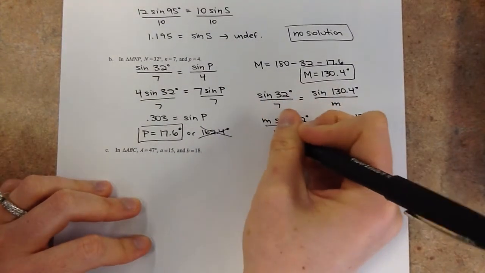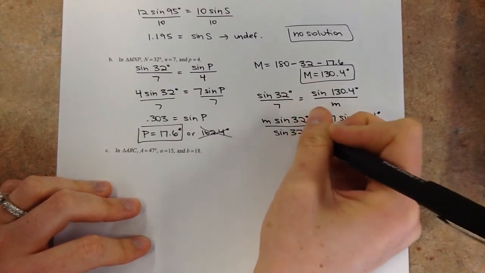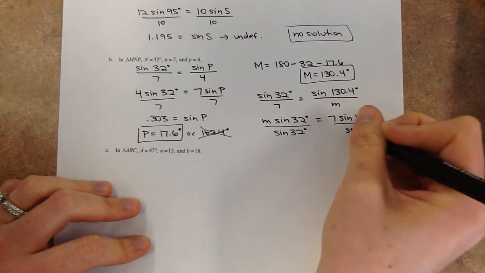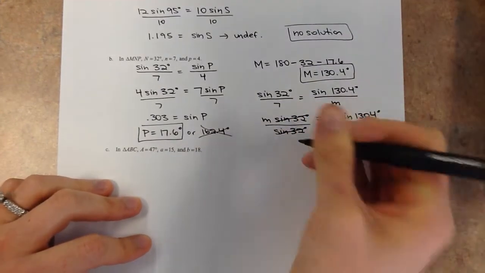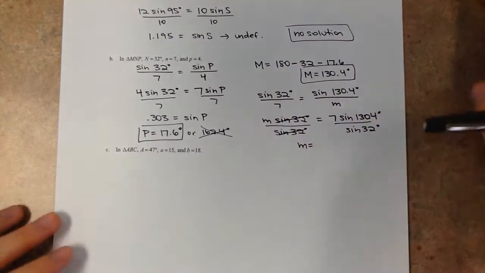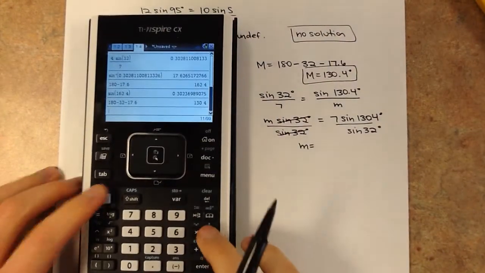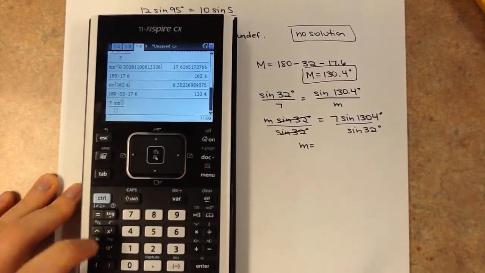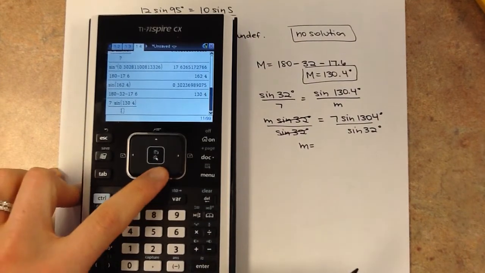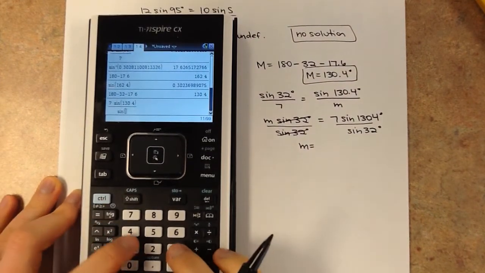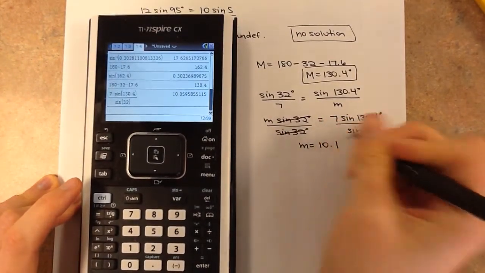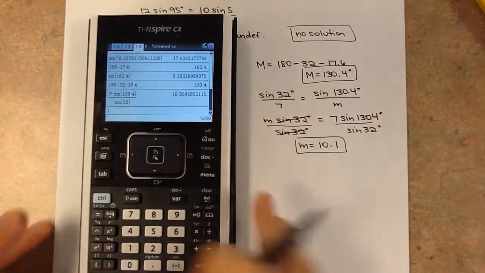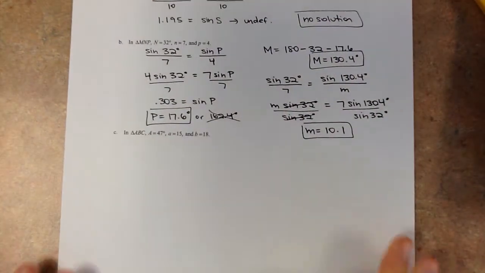Then divide both sides by the sine of 32 and we will have m. So these cancel, and finally we get 7 times the sine of 130.4 over the sine of 32. And we get about 10.1 if we round to the nearest tenth. So that is that entire triangle there.